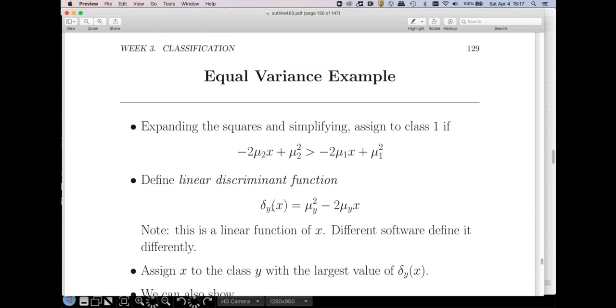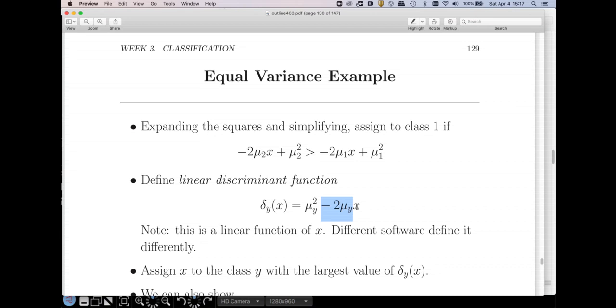It's not a simple interpretable discriminant function the way you get from other software packages like SAS or SPSS or Minitab. But the point I want to make is we will often have this discriminant function that is just a linear function of x. So think of this as some constant plus some other constant times x.